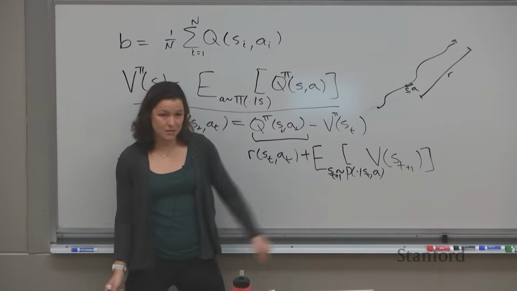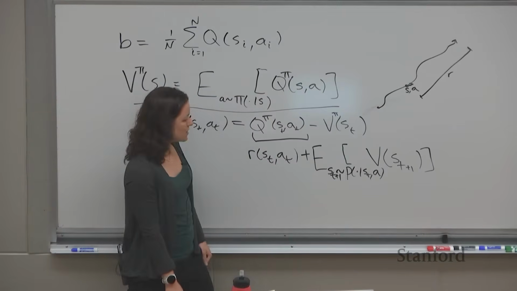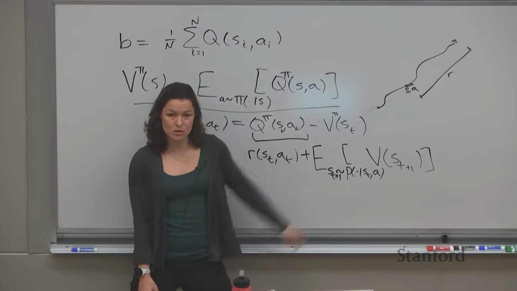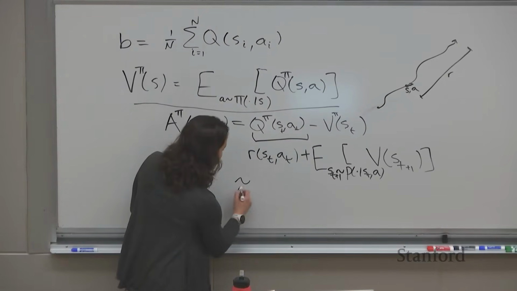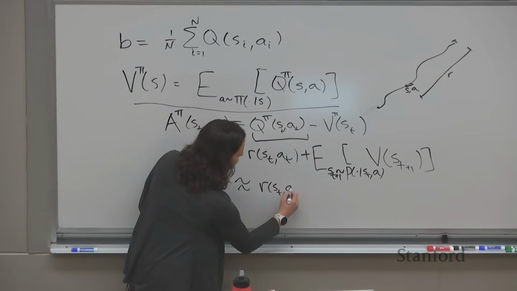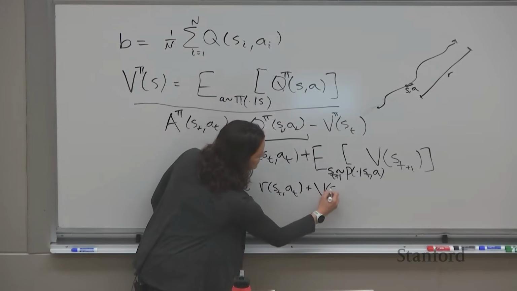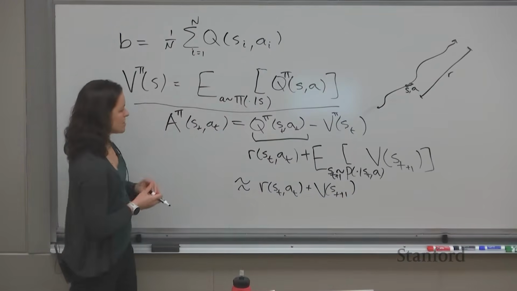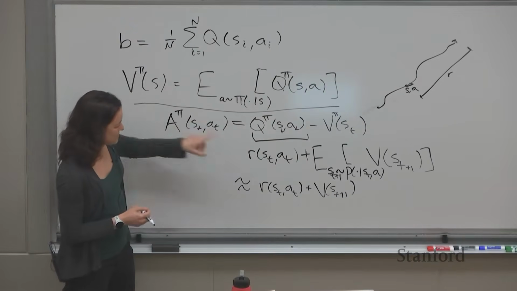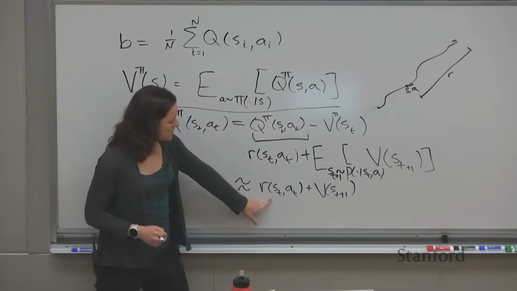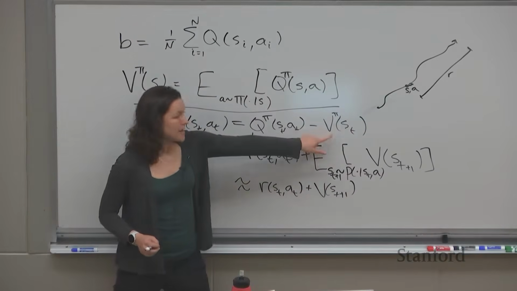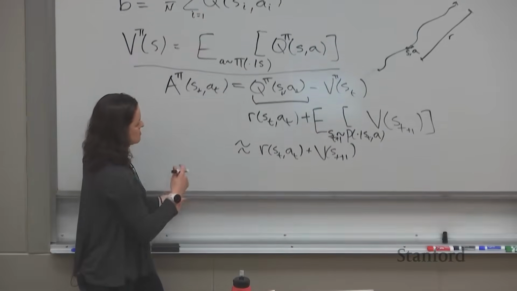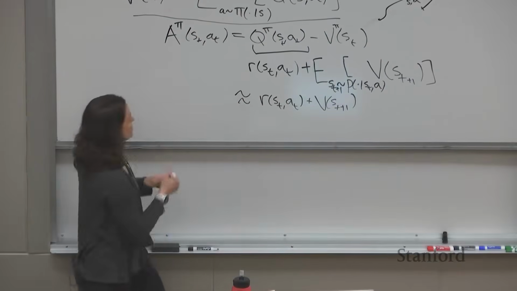Now, we can't sample from these dynamics, but when we ran our policy to collect data, we did see one outcome, one s_{t+1}. So we can approximate this as the reward at the current time step plus the value at the next time step. Then if we want to estimate the advantage, we can write it as the reward at the current time step plus the value at the next time step minus the value at the current time step. Maybe I'll do this in a different color to differentiate it.